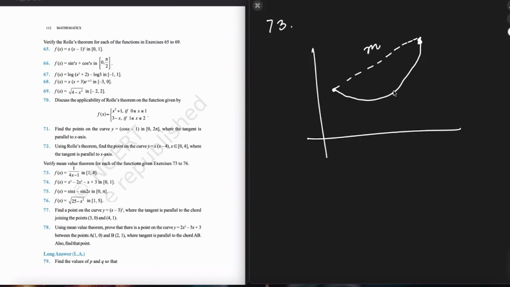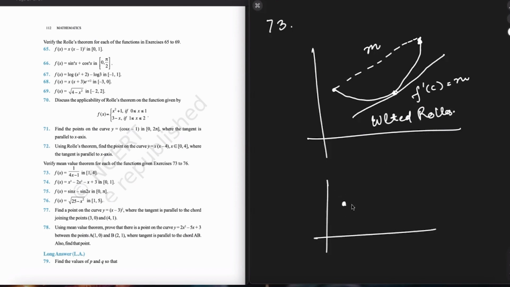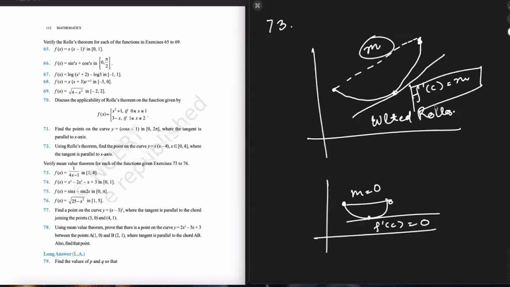So there is at least one point on this graph whose tangent, whose f dash of c, is equal to m. Basically, this is a tilted Rolle's theorem. Why? See, in Rolle's, these 2 points were there, the slope between these 2 was m equal to 0, and f dash c was said to be equal to 0. Same thing happens here. You find the slope m, and there is at least one point such that f dash c is equal to m. So this is what is called the mean value theorem.